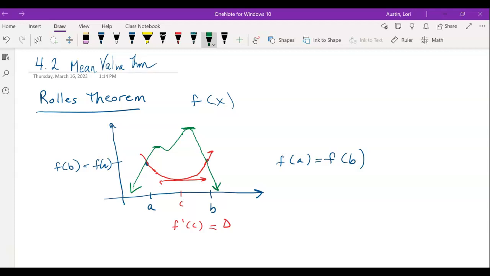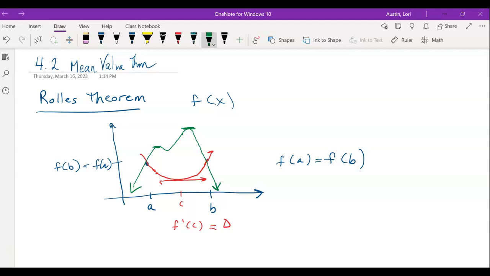At least. See, there's an example there where there's 2. There could be 1. But there has to be at least 1 because that function has to make that curve. And when it makes that curve, it creates a max or min. And when it creates a max or min, the derivative at C must equal 0.